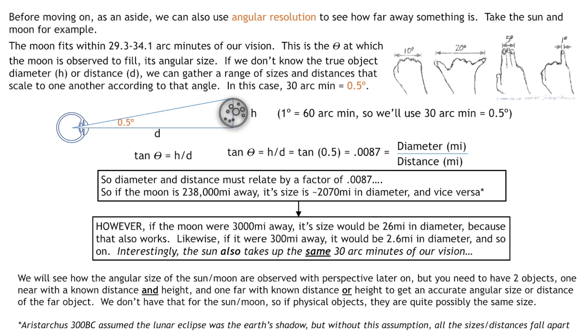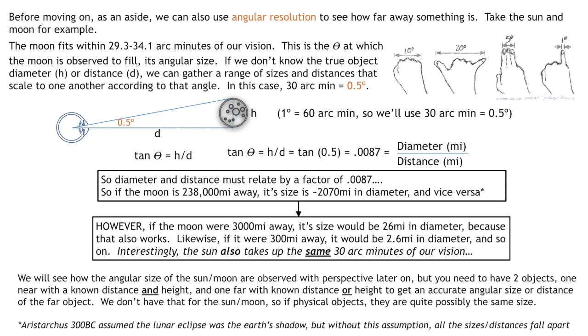Interestingly, I think of importance, the sun also takes up the same 30 arc minutes of vision in the sky. And so it too could also represent the same exact sizes. So we will see how the angular size of the sun and moon are observed with perspective later on, but you need to have two objects, one near with a known distance and height, and one far with a known distance or height, to get an accurate angular size or distance of that far object.